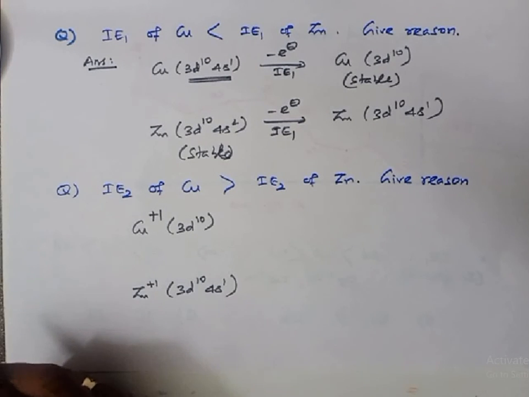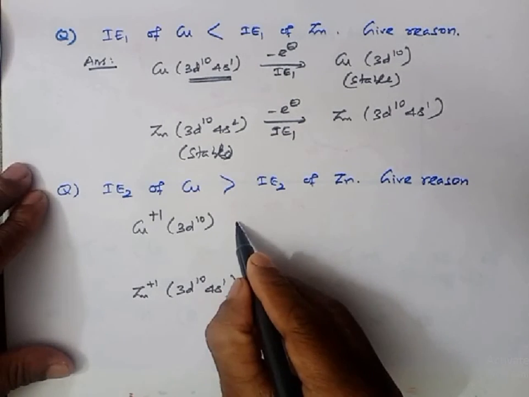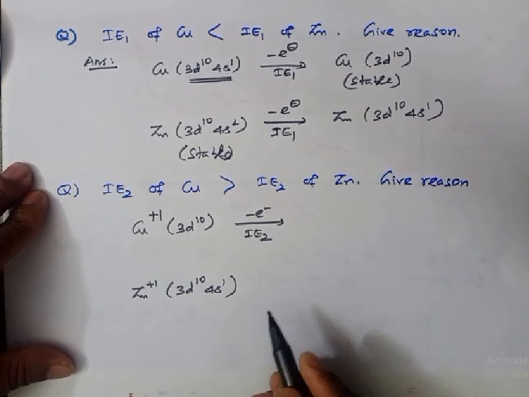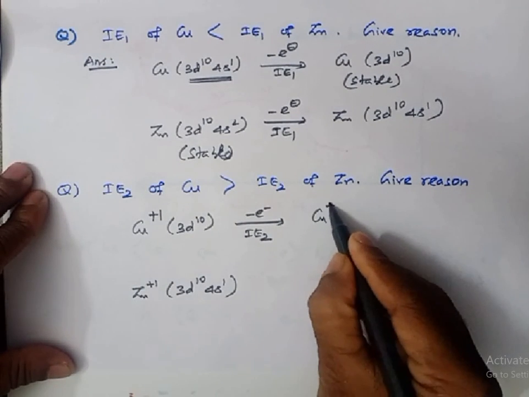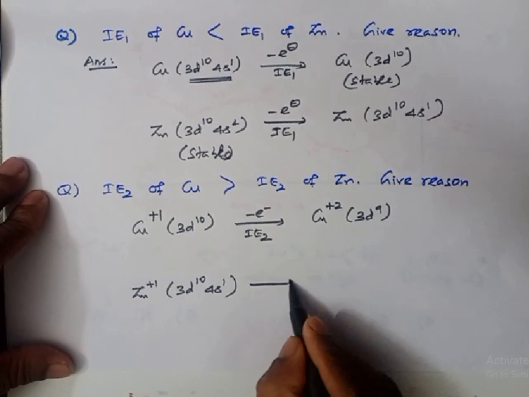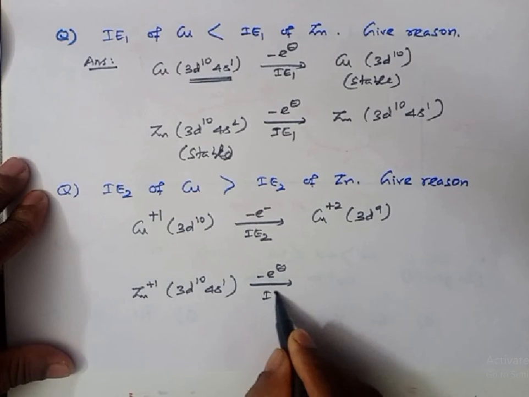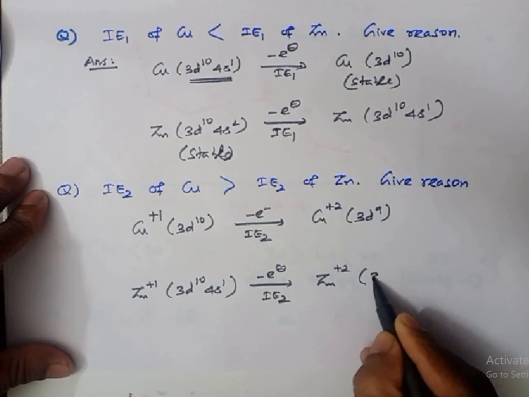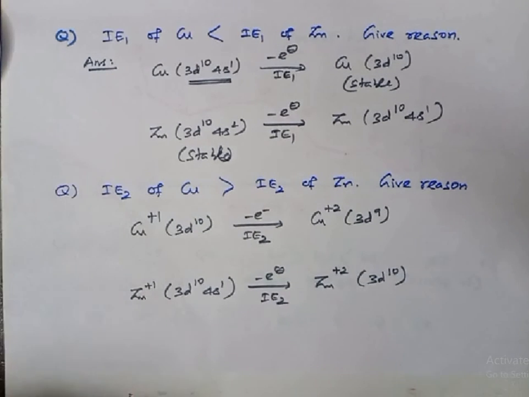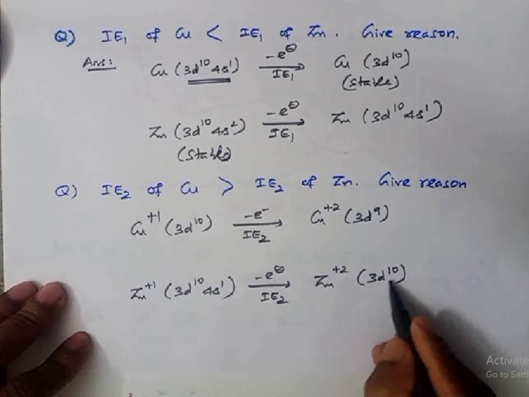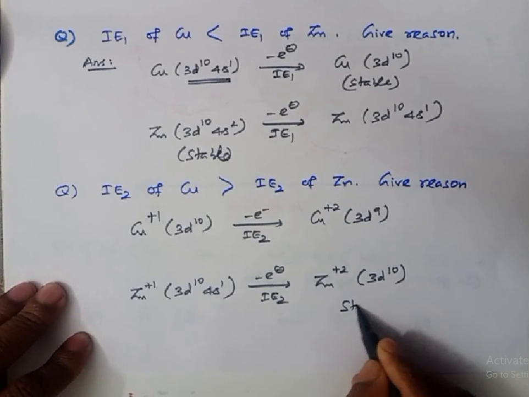If I remove one electron here, the energy required is called second ionization energy. I'll get Cu plus 2 with configuration 3d9. If I remove one electron from zinc plus 1, I'll get zinc plus 2 with the configuration 3d10.